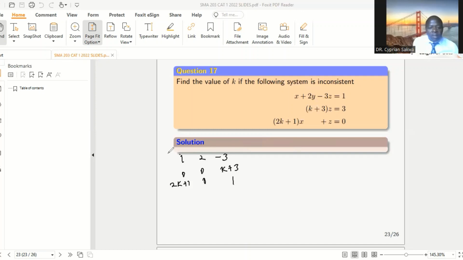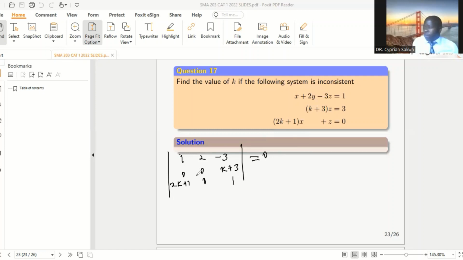So if this determinant is 0, then this system will be inconsistent. We'll have no solution, because you know that if you're using the method of adjoint to get the inverse, it will be adjoint over the determinant. So if the determinant is 0, then there'll be no inverse. So once there's no inverse, then the system would have no solution.